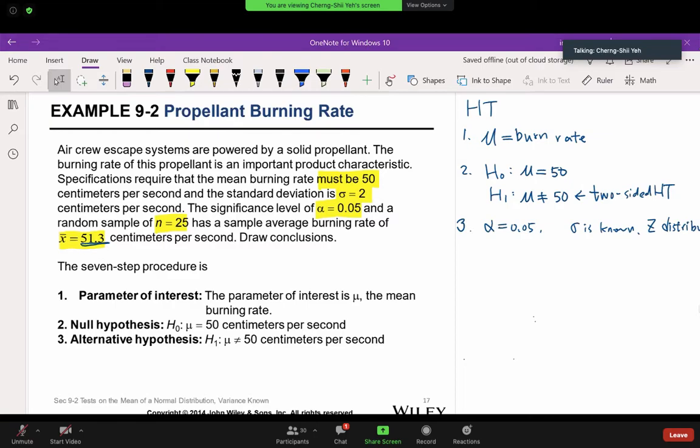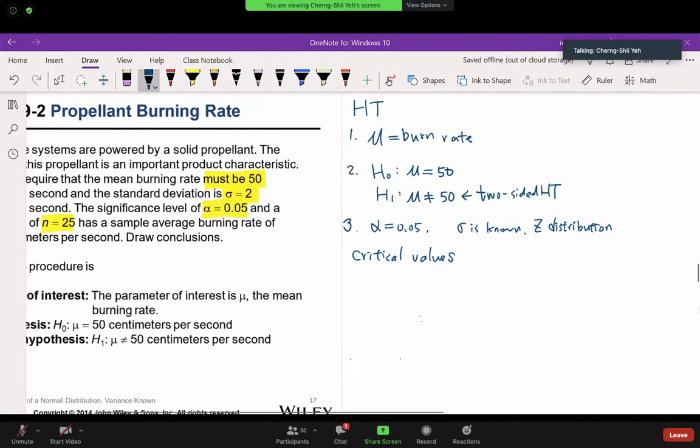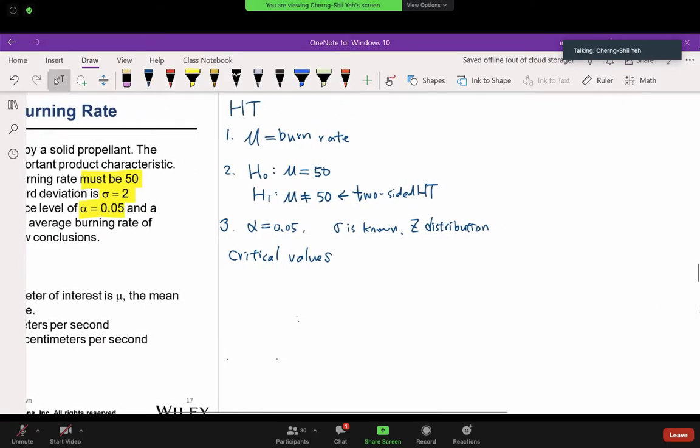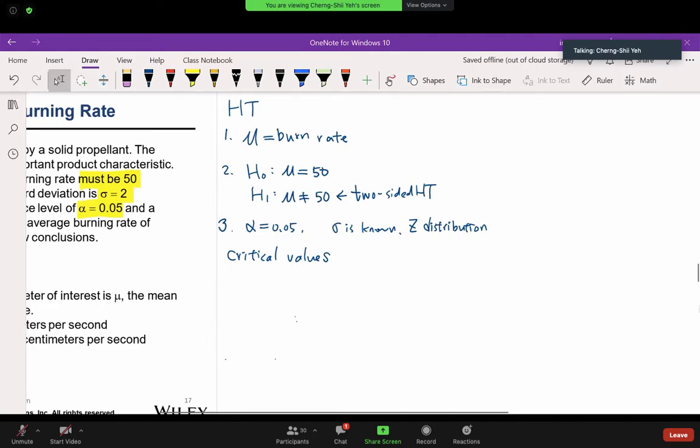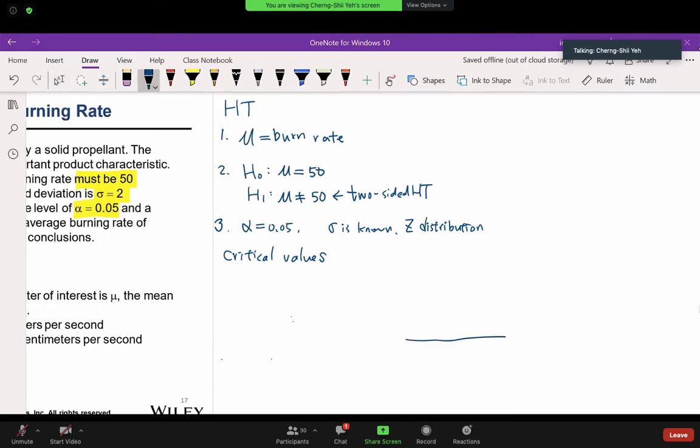In step 3, we are going to calculate our critical value. In this case, we have two values. Over here, I'm going to sketch it. You will get used to this because I'm going to sketch it so many times, and hopefully you have the sketch in your mind. We know this is a z distribution because the standard deviation is given.